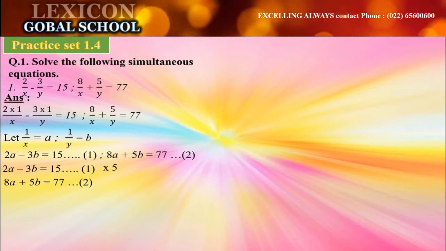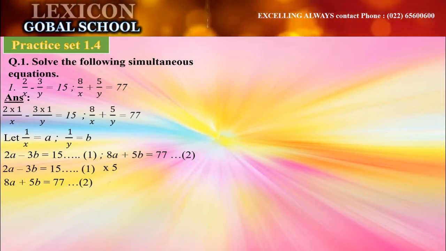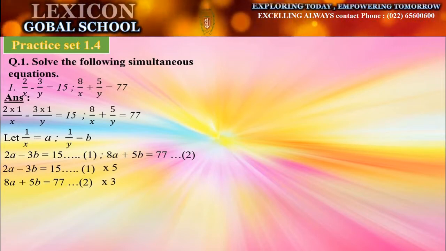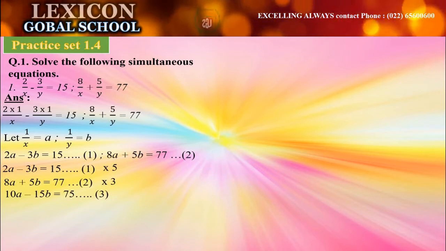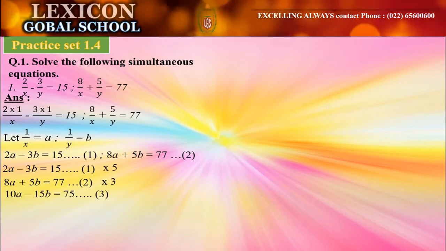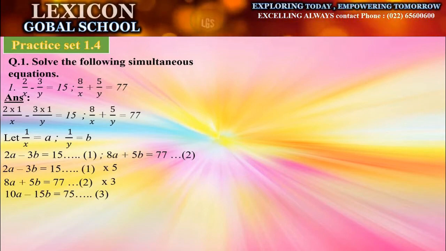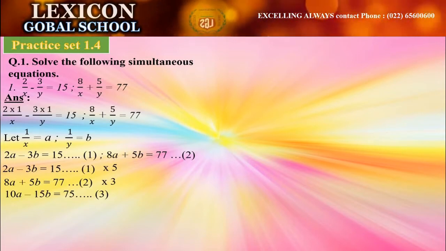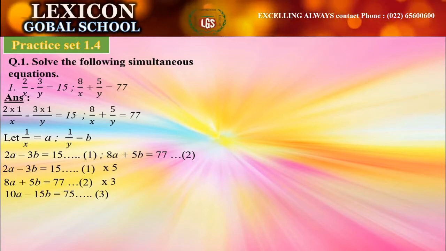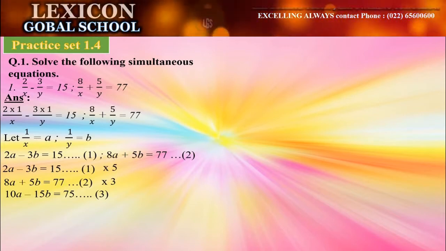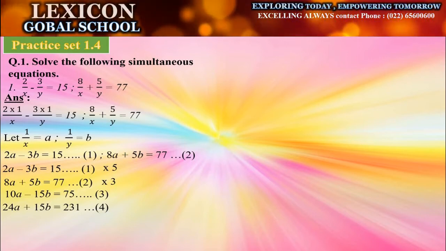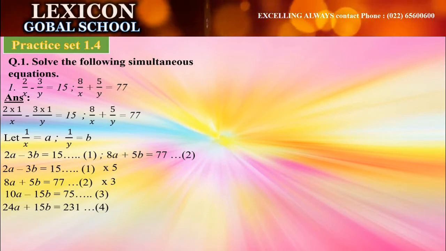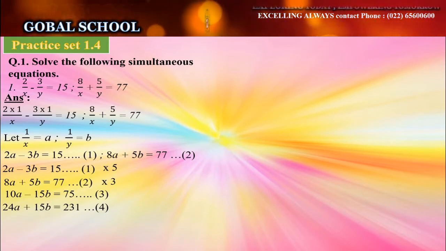Equation 1 we are going to multiply by 5 and equation 2 we are going to multiply by 3. After multiplying, 5 2s are 10a minus 5 3s are 15b is equal to 15 5s are 75. This would be our equation 3. Similarly, 3 8s are 24a plus 5 3s are 15b is equal to 77 into 3, which equals 231.